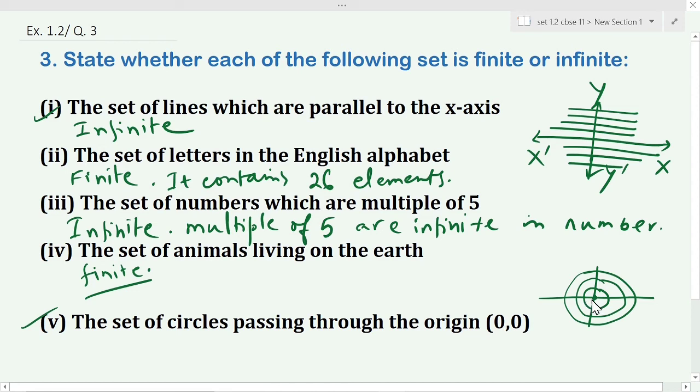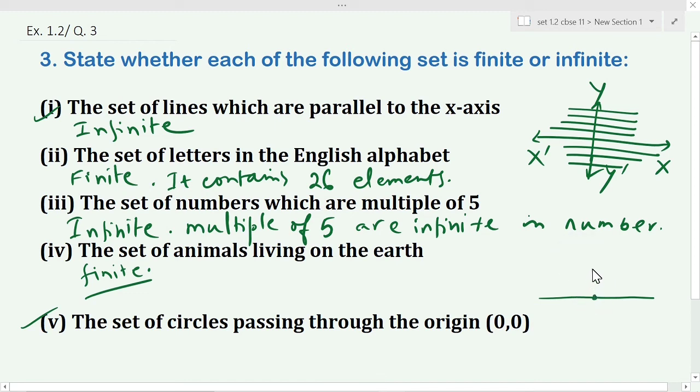I draw circles which have the origin as a center. You must remember that this set is also infinite.